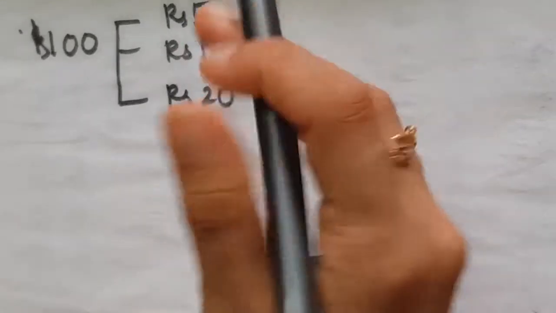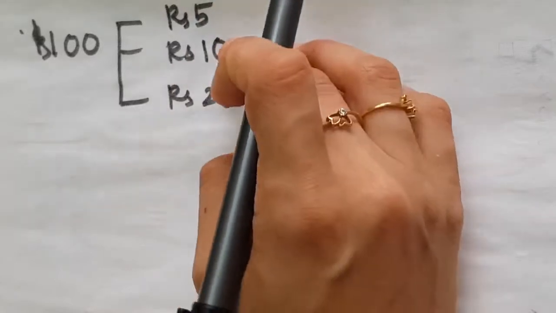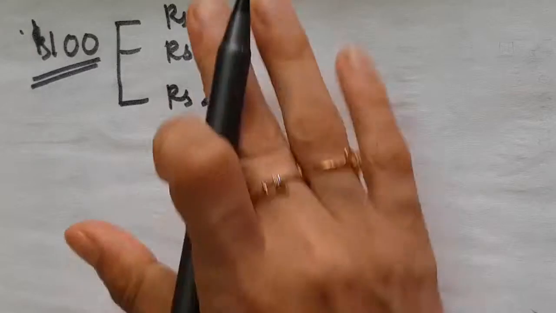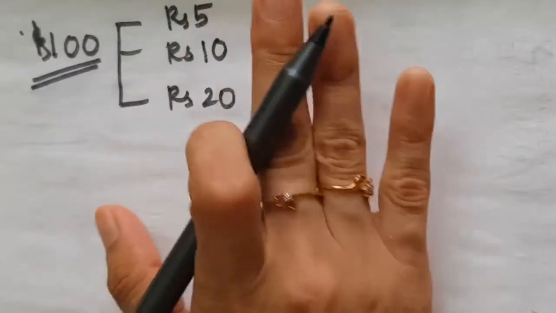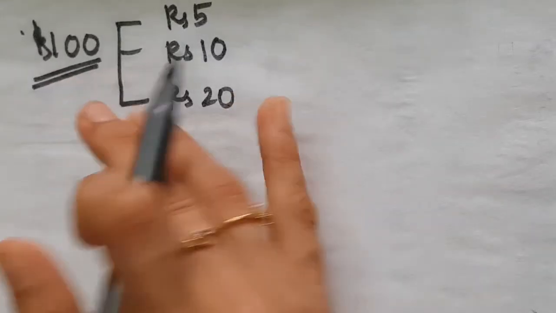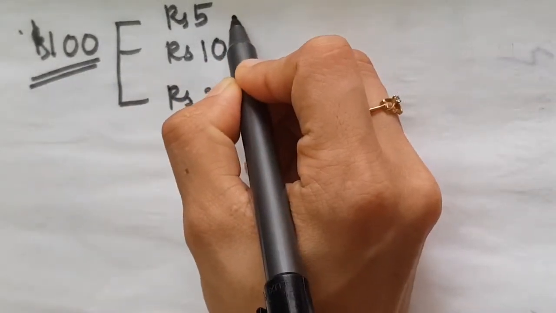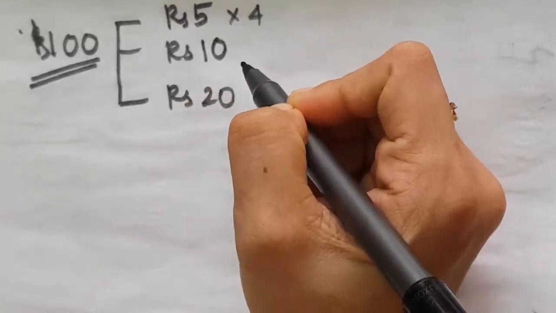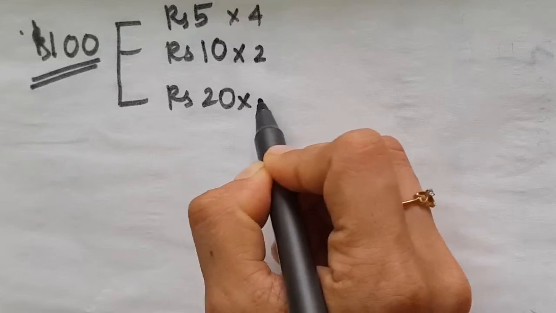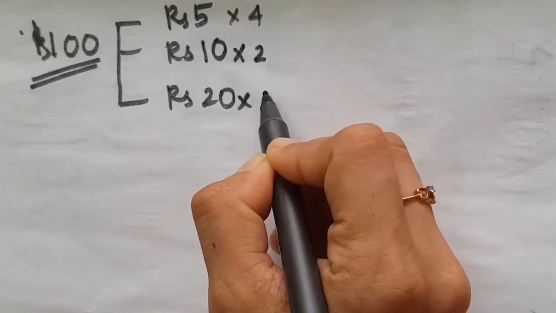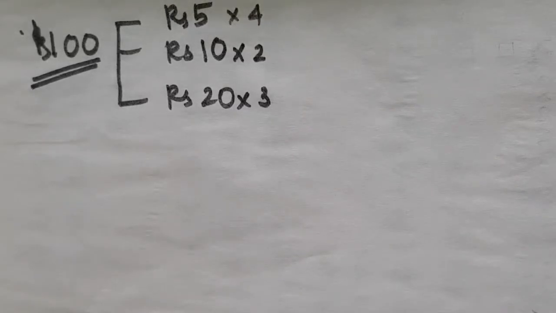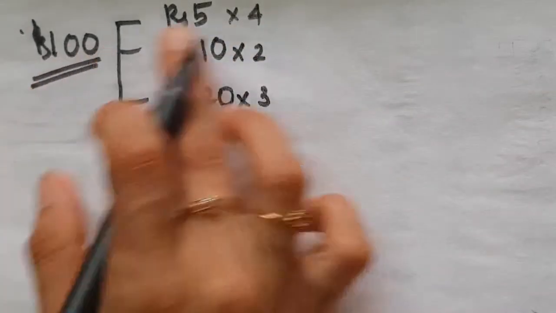We have to find how many rupees 5, how many rupees 10 and how many rupees 20 notes make up this rupees 100. We only have these three notes with us. So suppose we have 4 five-rupee notes, 2 ten-rupee notes and 3 twenty-rupee notes. So how to find rupees 100 from these?